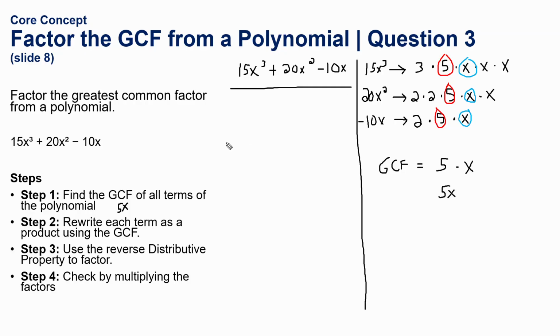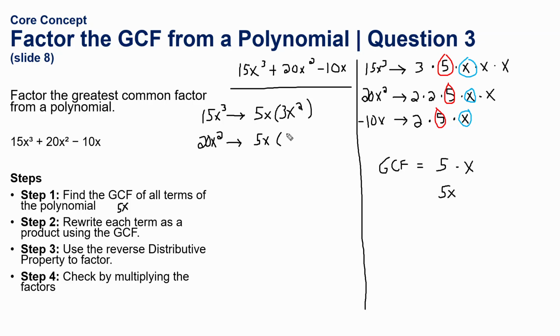Next, let's rewrite each term as a product using the greatest common factor. So if I start with term number 1, 15x to the third power, this can be written as 5x times 3x squared, right? 5 times 3 is 15. X times x squared is x to the third power. 20x squared then can be written as, again, starting with the greatest common factor, 5x.